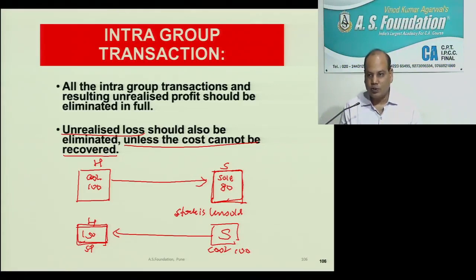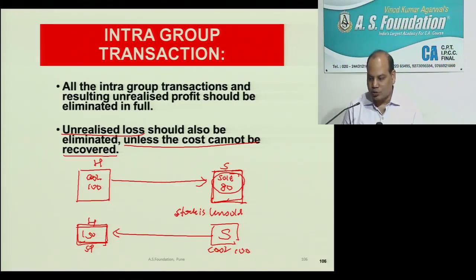So there is a 20 rupees loss of H. Stock is not sold. So what will I do? I will reverse the loss by adding back 20 rupees. However, if the market value of the inventory itself is 80 rupees, then we will not reverse the loss.